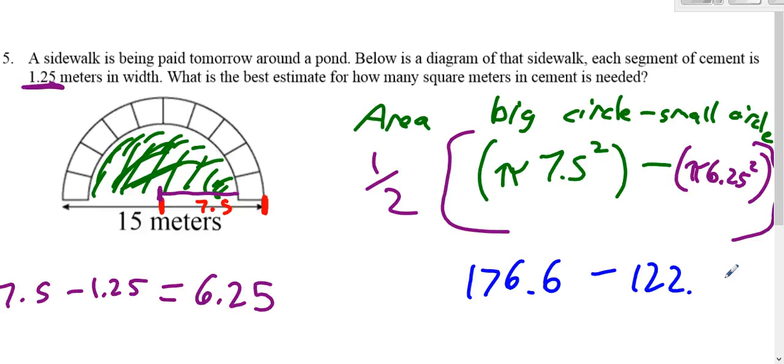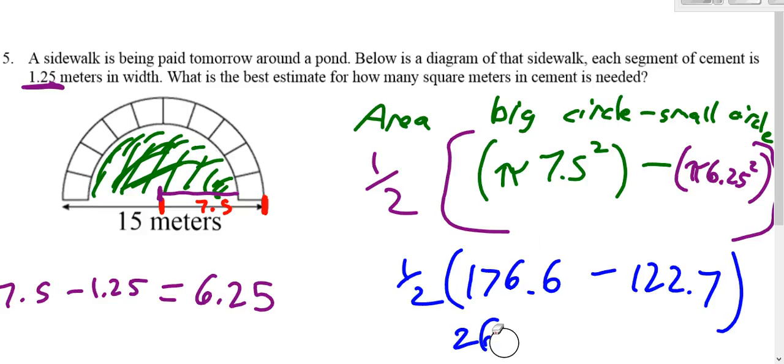Not yet. Did not divide by 2 yet. I have not done anything with the 1/2, so that's still there. So we're going to subtract and then divide by 2. So it's like 26.95. We'll just round that to 27 square meters.